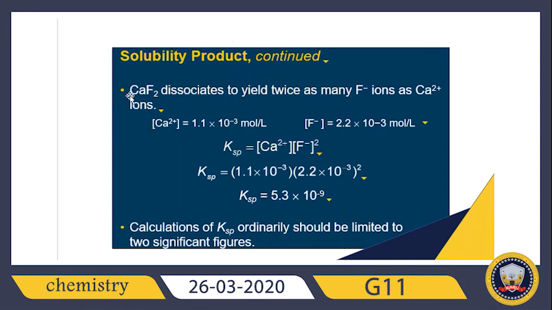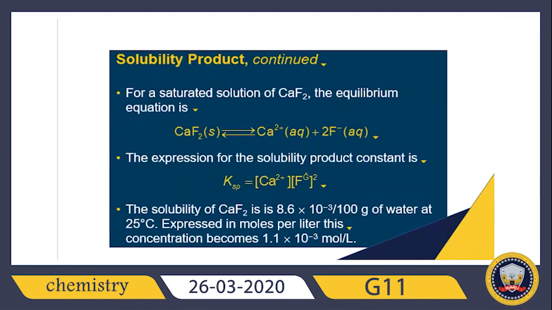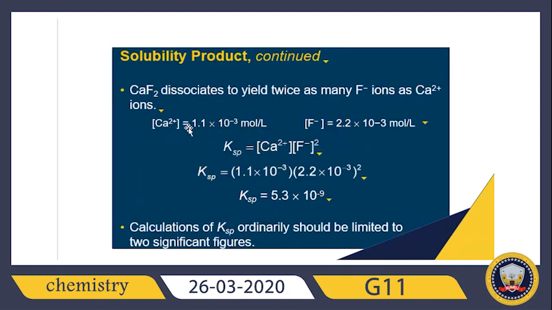So if we have this question, guys, and we need to find KSP, we'll do it this way. Calcium fluoride dissociates to yield twice as many fluoride ions as calcium, as we explained in this chemical equation. So for each 1 mole of calcium fluoride, we'll have 1 mole of calcium and 2 moles of what? 2 moles of fluoride. Suppose the concentration of calcium is equal to this value and the concentration of fluoride is equal to this value, and the unit we are using here is moles per liter. Then we have to find KSP.